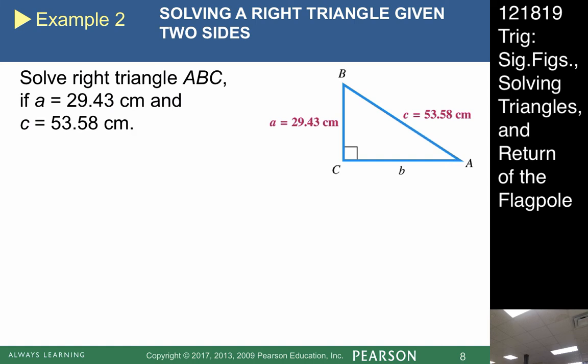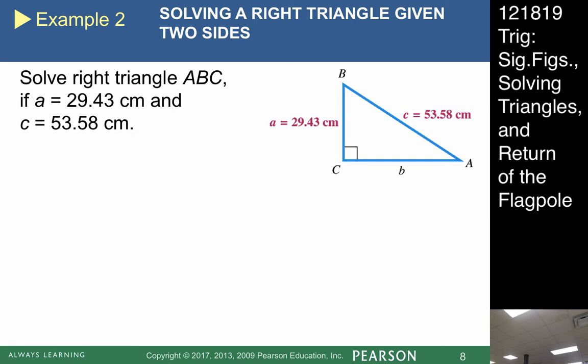Tangent of 33.3 equals what? B over 29. So remember SOHCAHTOA. TOA is opposite over adjacent. There's no hypotenuse in it. So it's tangent 29 over b. So it would be 29.43 over b.